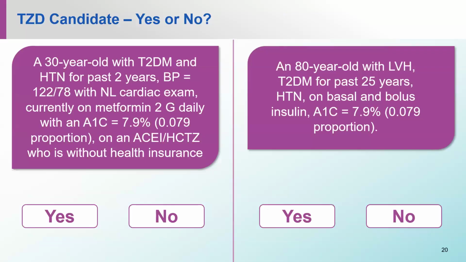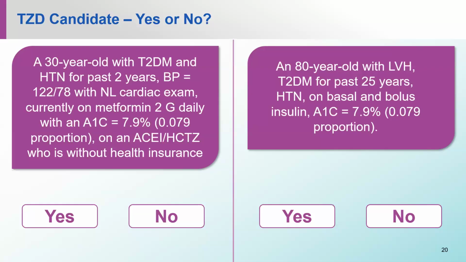This is a great learning exercise that I find people just grab into. Who is a TZD candidate? Yes or no? Okay, 30-year-old, type 2 diabetes, hypertension for the past 2 years, BP 122 over 78, so that looks good. Normal cardiac exam, currently on 2 grams of metformin daily. A1C is 7.9.